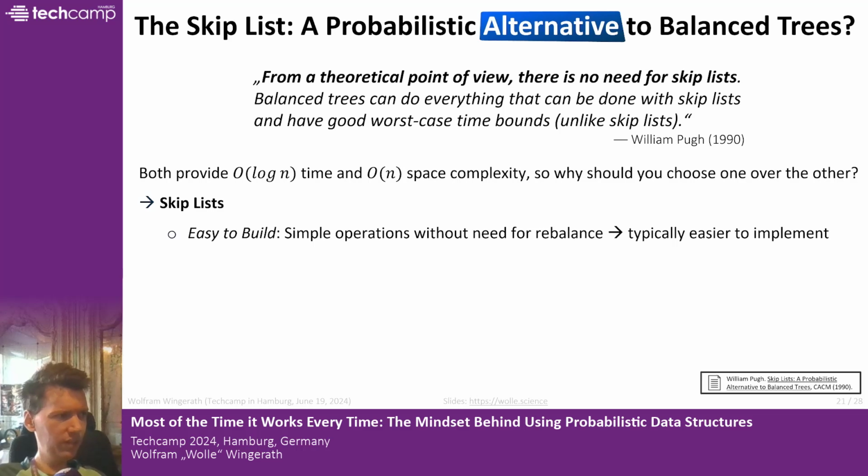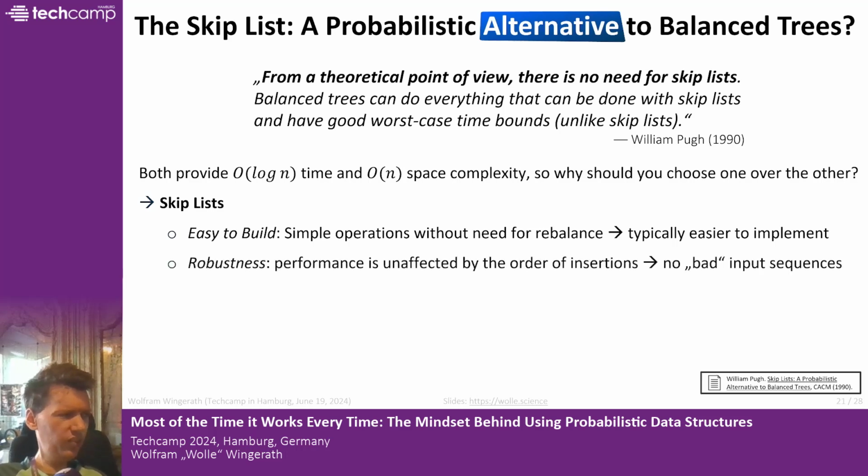And these rebalancing operations make it hard to understand what's going on. You don't have that with skip lists, and they are also super robust, because with trees there are sequences in which you can insert data that make performance not optimal. With skip lists we don't have that, because we have this p-value, which is just a random element.